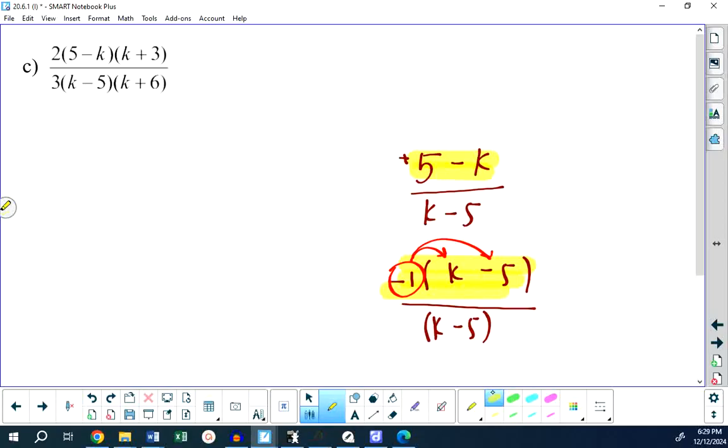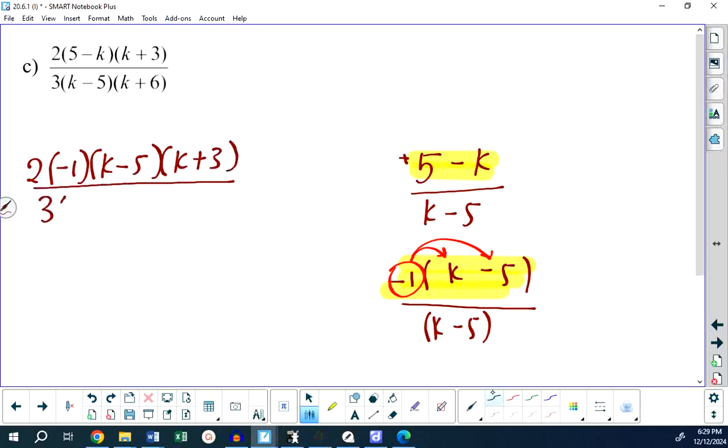What this means is this expression is 2 times negative 1 times k minus 5 times k plus 3 over 3 times k minus 5 times k plus 6. And by factoring that negative 1 out, that allows us to cancel those k minus 5s.